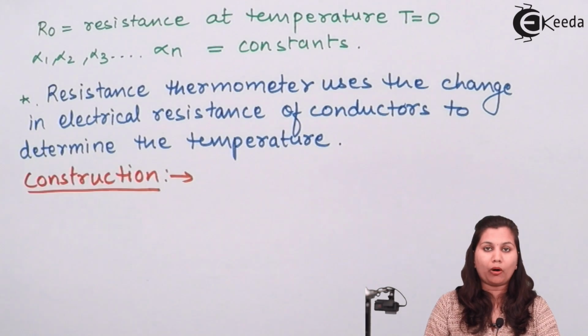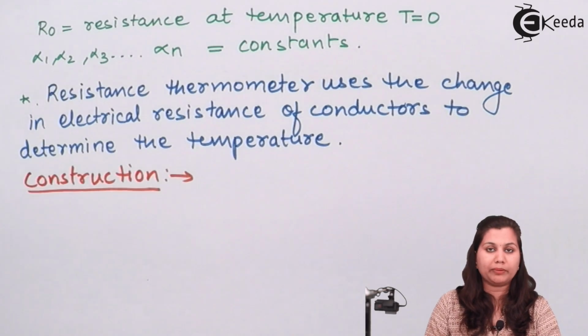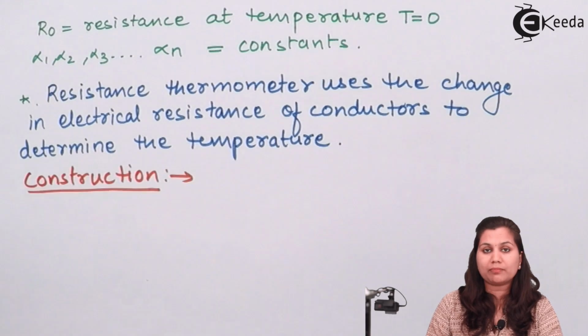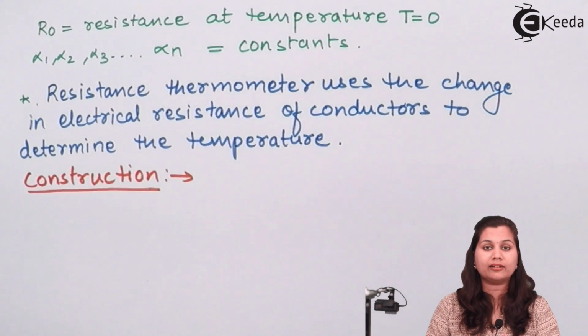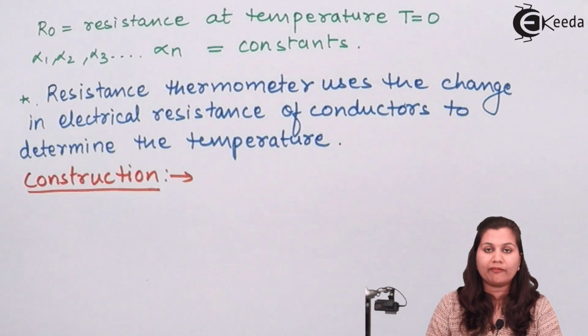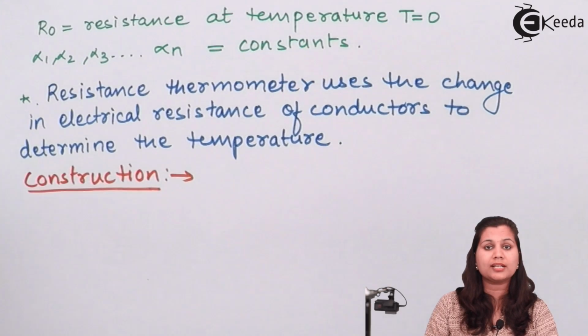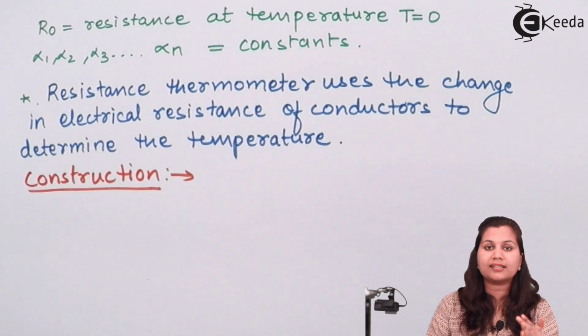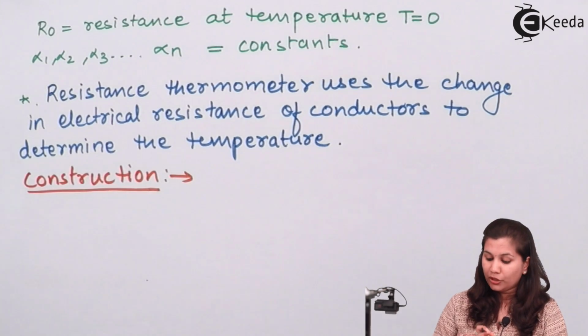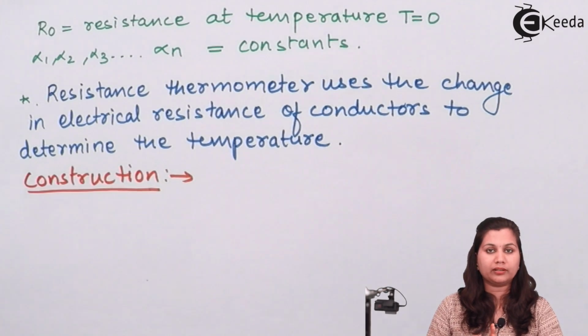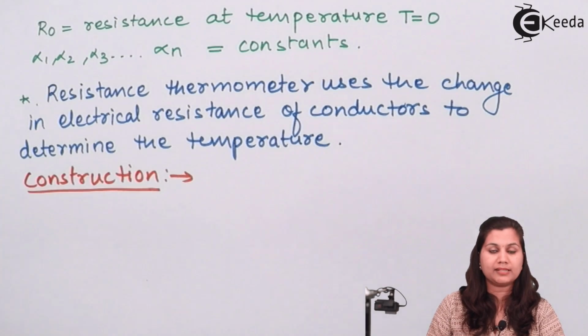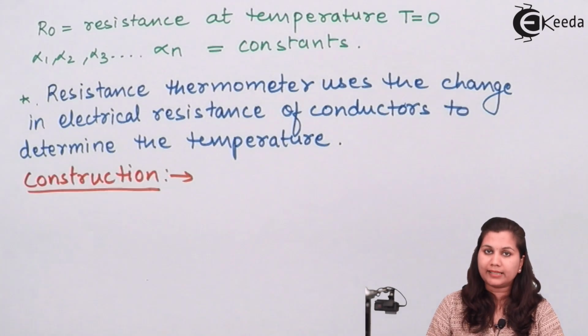Metals have the property of a positive temperature coefficient, which means that as the temperature increases, their resistance also increases, whereas semiconductors have a negative temperature coefficient. That means as the temperature increases, their resistance decreases. So for the construction of RTDs, we use metals which have a positive temperature coefficient, whose resistance increases with the increase in temperature.